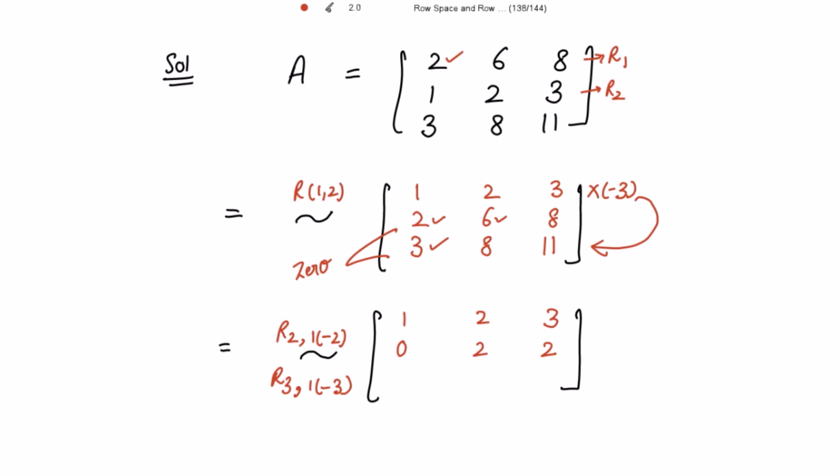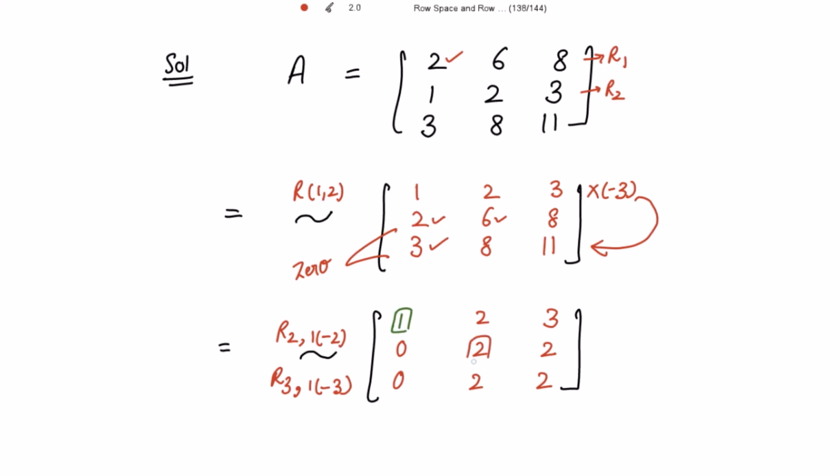Multiplying 1 with minus 3, we get minus 3 and adding this to 3, we get 0. Multiplying 2 with minus 3, we get minus 6 and adding this to 8, we get 2. Multiplying 3 with minus 3, we get minus 9 and adding this to 11, we get 2. So I got this to be my leading entry over here.